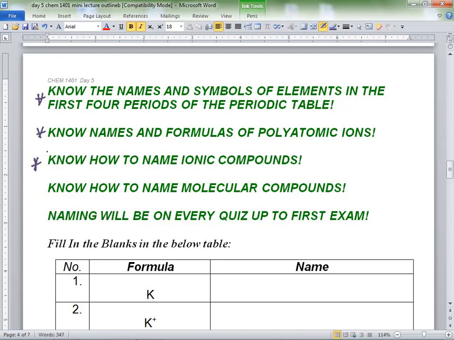So you recognize it as an ionic compound because it has a metal, and just name the cation, then the anion. How to name molecular compounds. No metal present. So count to 10 in Greek. Name the first element, the second element add IDE. Naming is going to be on every quiz up to the first exam.